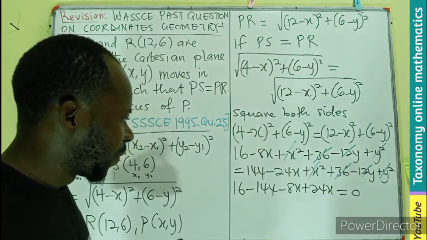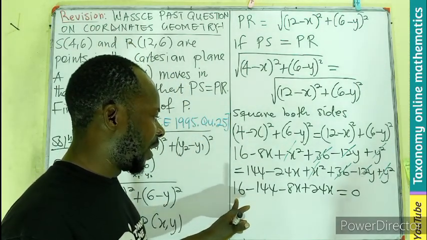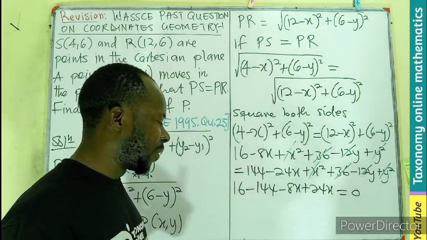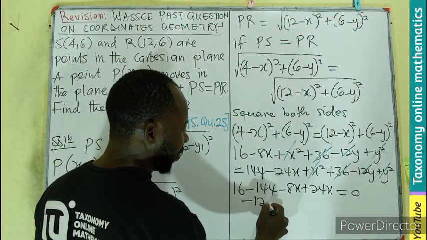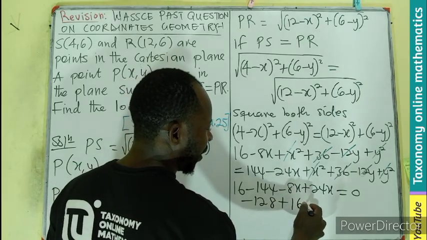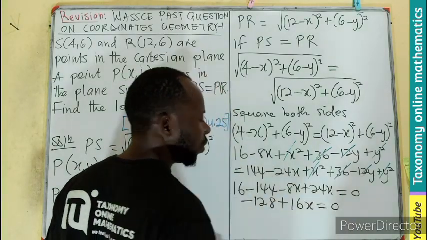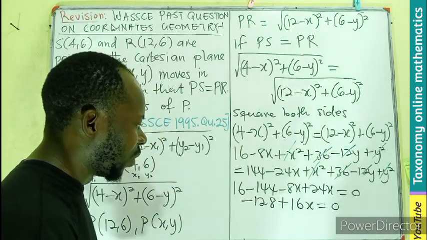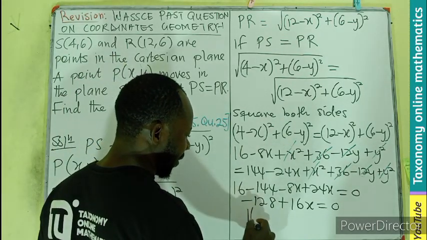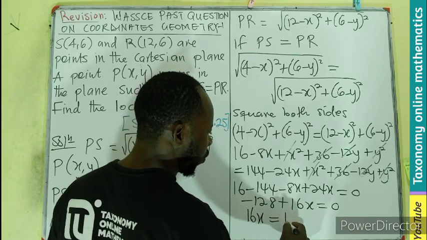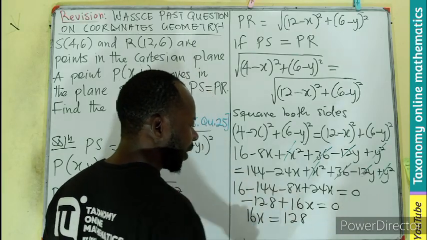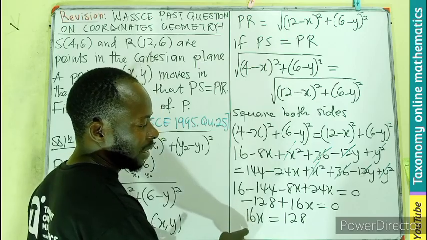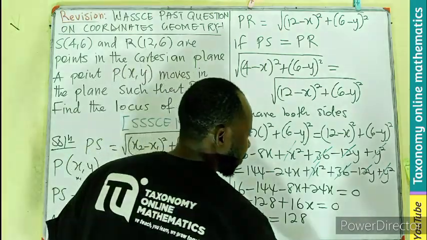Now if we subtract 16 from 144 we get negative 128, because 16 is less. So negative 128 plus 16x equals 0. Let's transpose the 128 to the other side, meaning 16x will be equal to positive 128. We need to divide both sides by the coefficient in order to find x.